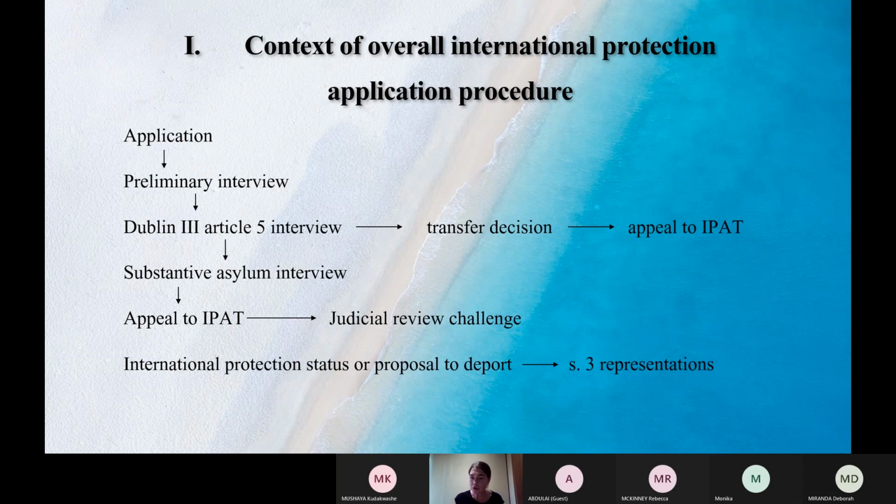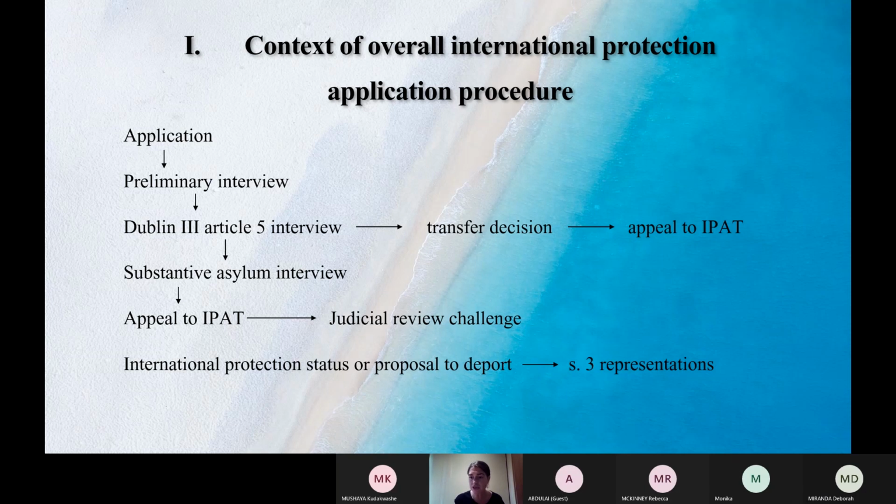If during this preliminary interview it becomes apparent that another member state might be responsible legally for processing the international protection application, what's called a Dublin 3 Article 5 interview will take place.